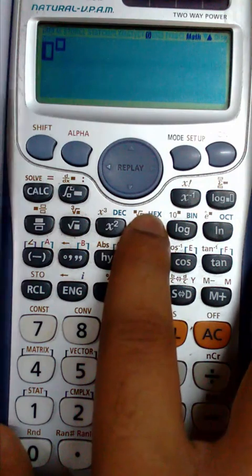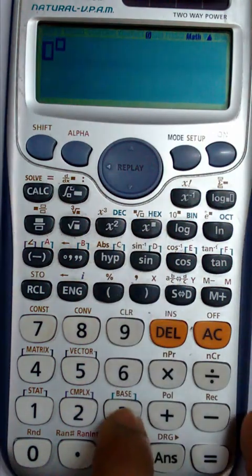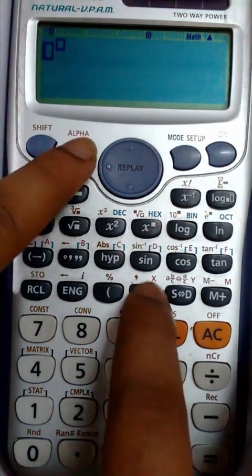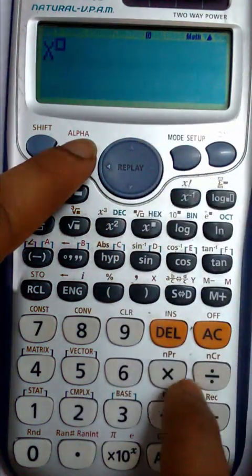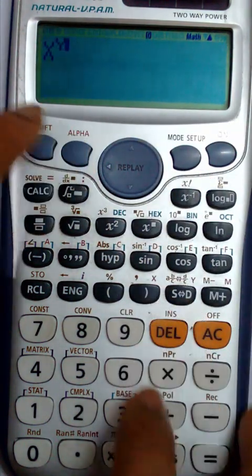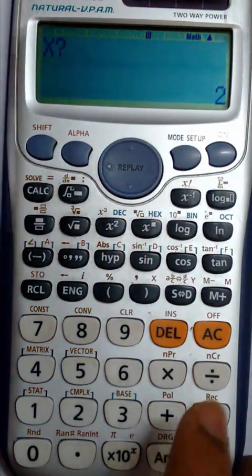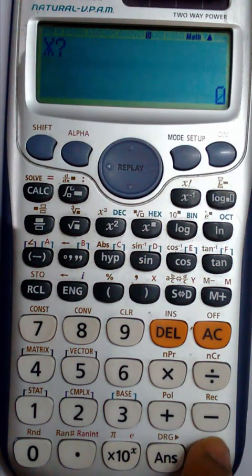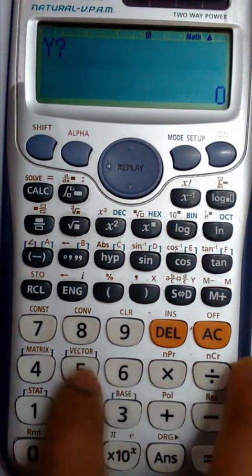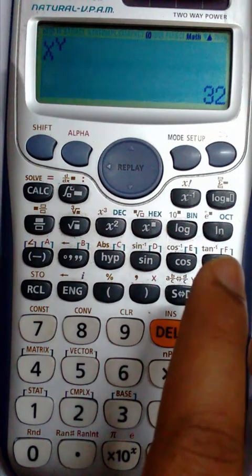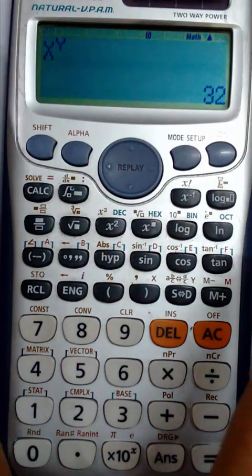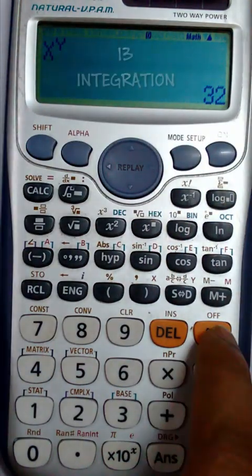Suppose I have used X raised to power alpha X and alpha Y. Solve. If X is 2 and Y is 5, it should be 32. In this way you can use the power function and power root.